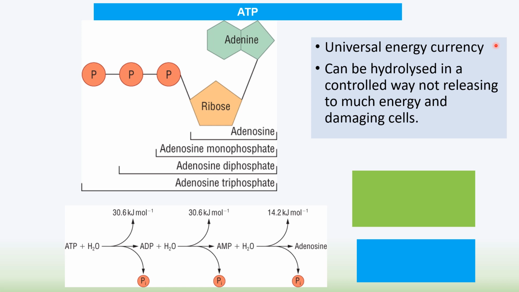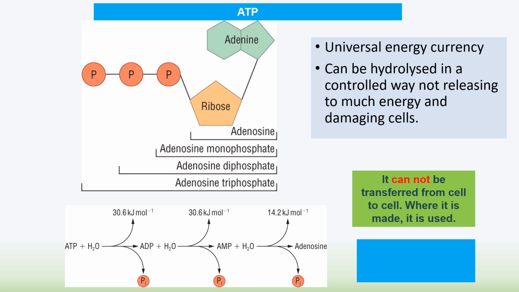ATP is what we call the universal energy currency. So that means all living things use ATP. And using water, it can be hydrolyzed, so during a hydrolysis reaction, and broken down into ADP, adenosine diphosphate, plus water. It can be further broken down smaller and smaller, but we'll only really study about it being transferred into ADP and then back to ATP, which is the purpose of respiration.